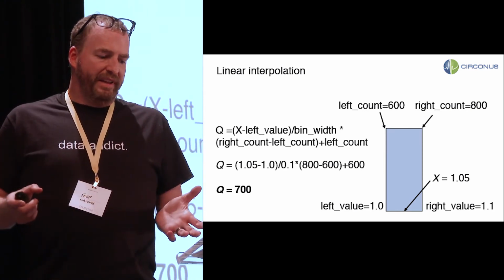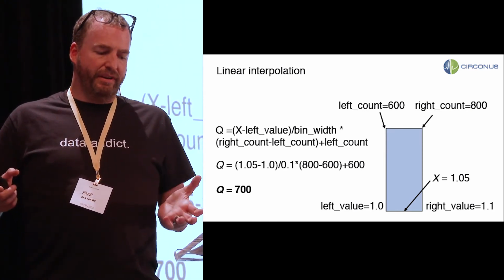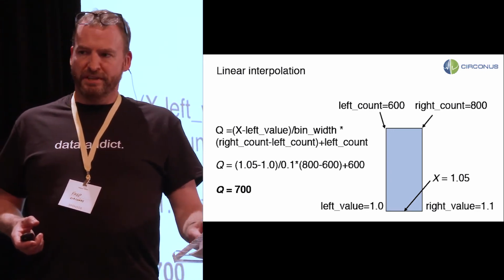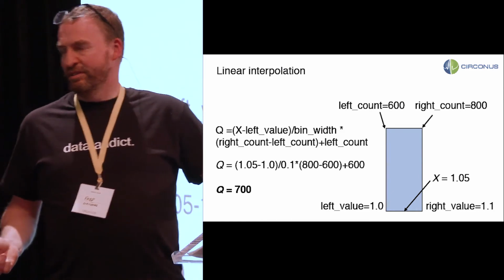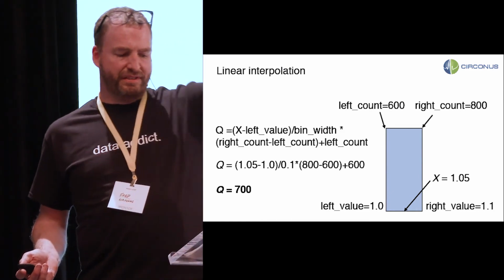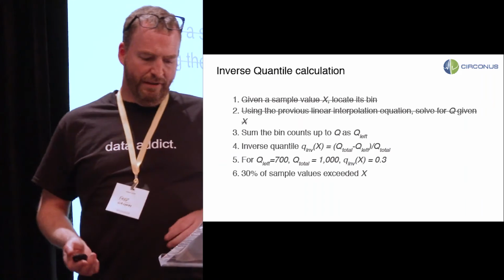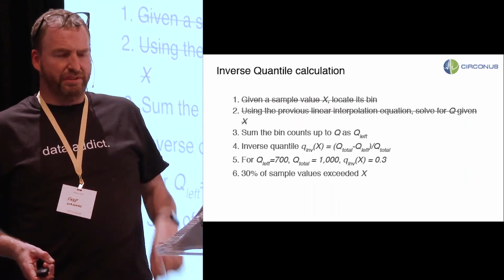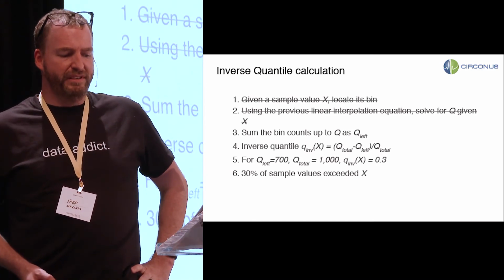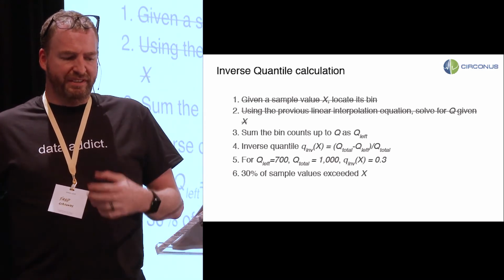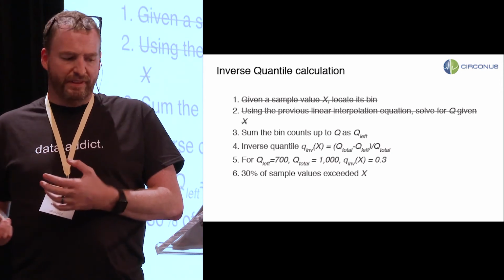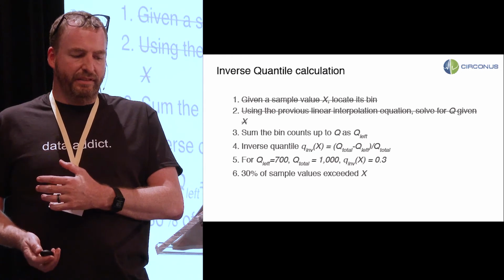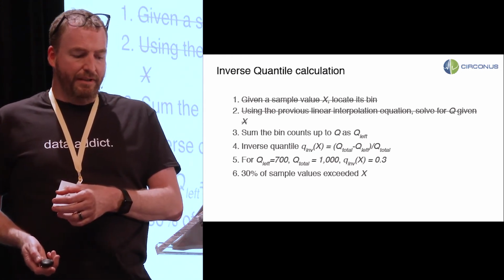And if I have a total count here of 1,000 samples, I know that I've exceeded my service level objective by 30%. So this kind of flips around the quantile calculations and does the inverse. And I added this notation. There's not a lot of official notation out there in literature that I could find, but this essentially gives you the means of calculating how many samples exceeded my service level objective.